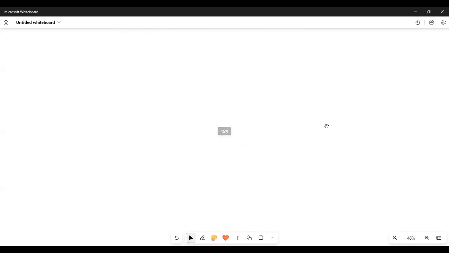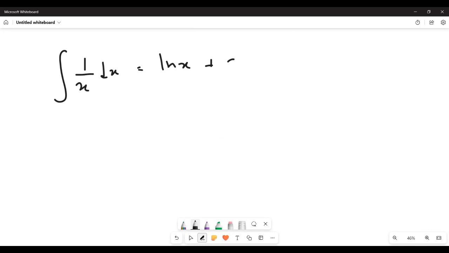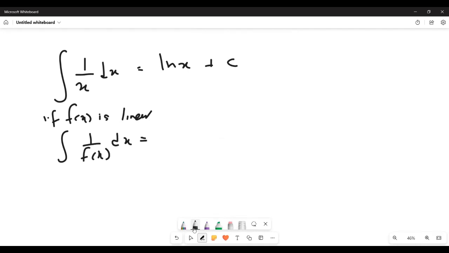Then the second case was if we're integrating 1 upon x dx, the result of integration is ln x plus c. So if fx is linear, then the rule is integration of 1 over fx dx is equal to ln fx upon f prime x plus c.